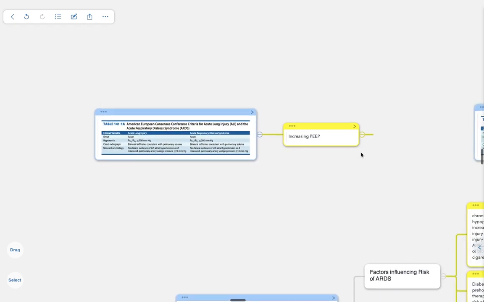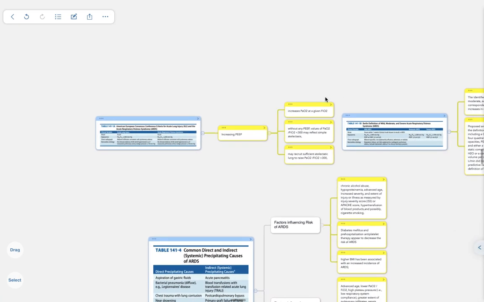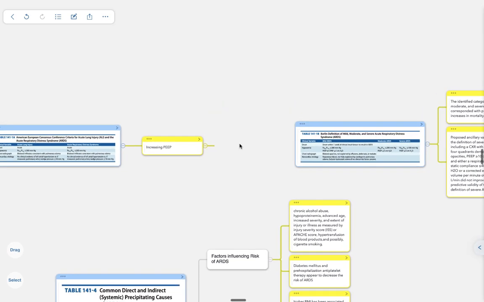Why is PEEP important, or what does an increase in the PEEP give you? Whenever the PEEP is increased in any condition, it increases the PaO2, or the partial pressure of oxygen, at a given FiO2. Without the PEEP, if the PF ratio falls to less than 300, this may reflect simple atelectasis.